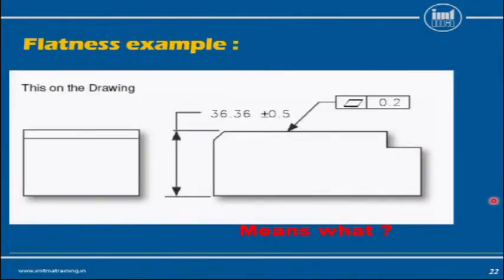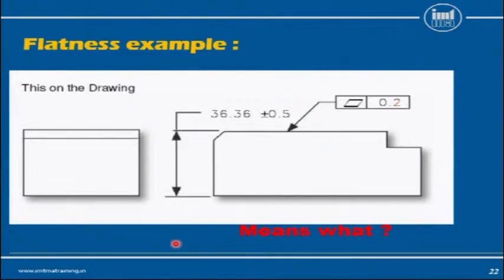Let us try to understand better with an example. Look at this drawing where the thickness is dimensioned as 36 millimeters with a tolerance of 1 millimeter, that is, in other words, plus minus 0.5, and the top surface flatness control is indicated within 0.2 millimeter.